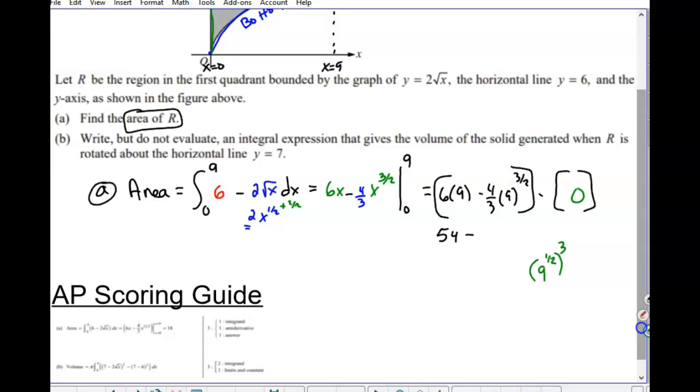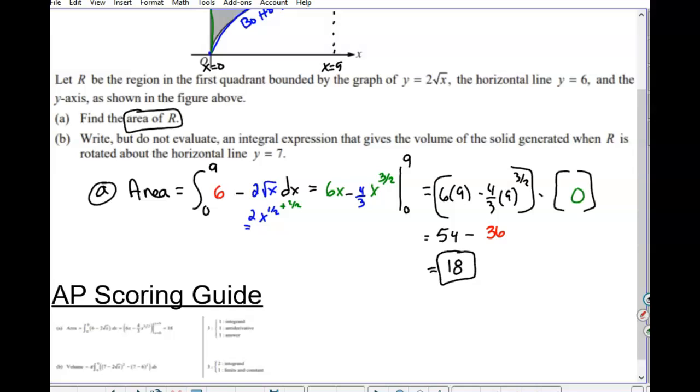So 9 to the 1/2 is the square root of 9, which is 3. And 3 to the 3rd power is 27. So I have 27 times 4/3. But then 27 divided by 3 tells me I've got 4 times 9, which is 36. And I do hope you could do that in your head, and if not, then you can do it as side work. Okay, but you don't need to show any of that work right there. And then when I subtract, is that 18?